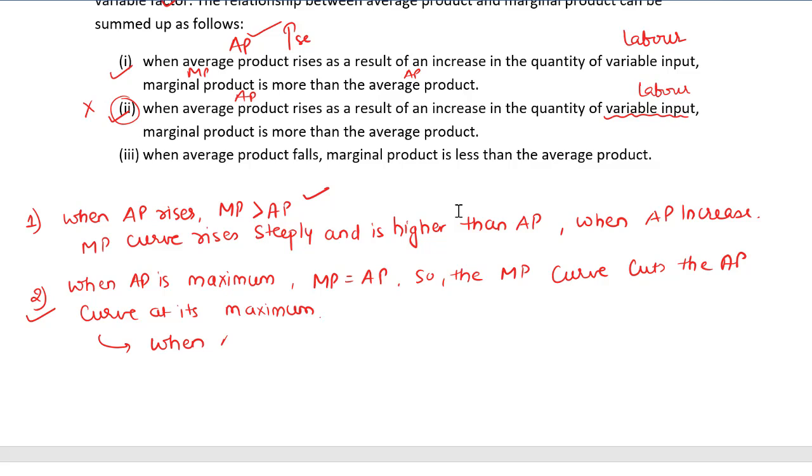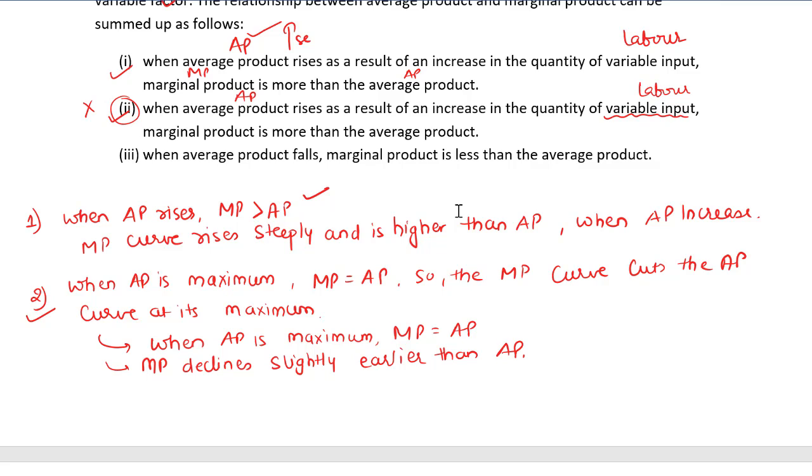This means what? When AP is maximum, when average product is maximum, MP equals AP. We are clear? When MP declines slightly earlier than AP, the MP curve cuts the AP curve when AP is maximum.